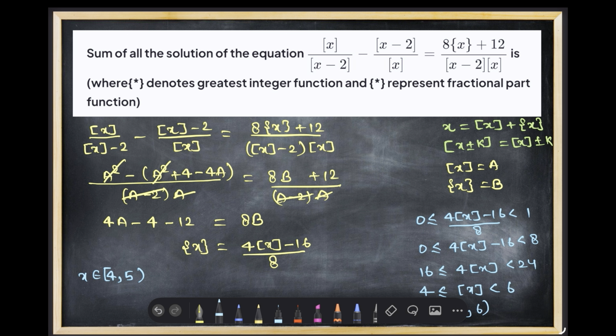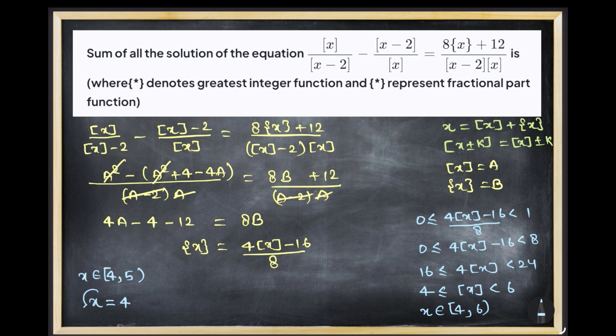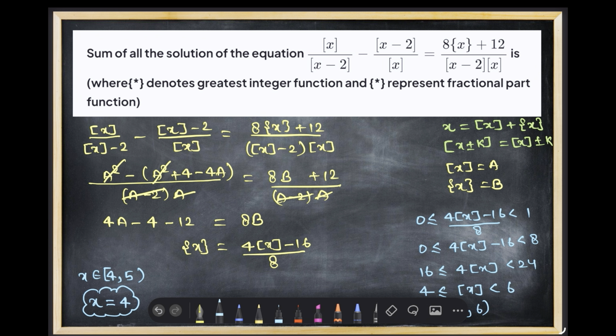So this is your case 1. If you focus here, the greatest integer function will become 4, so 4 times 4 is 16, 16 minus 16 is 0. So the fractional part of x becomes 0, and it is possible in this range only if x equals 4. So the first x you got is 4.